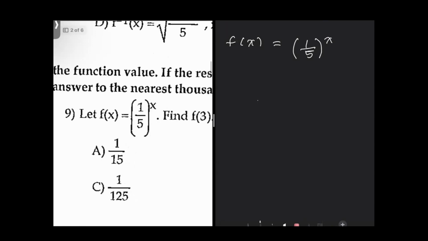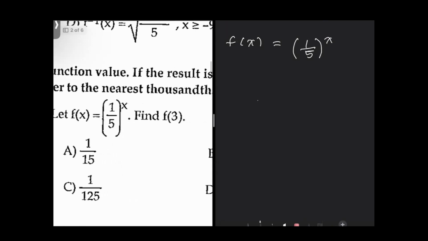And they want us to find f of 3. So x we're replacing by 3. So wherever there's an x, we're going to replace it with the 3.